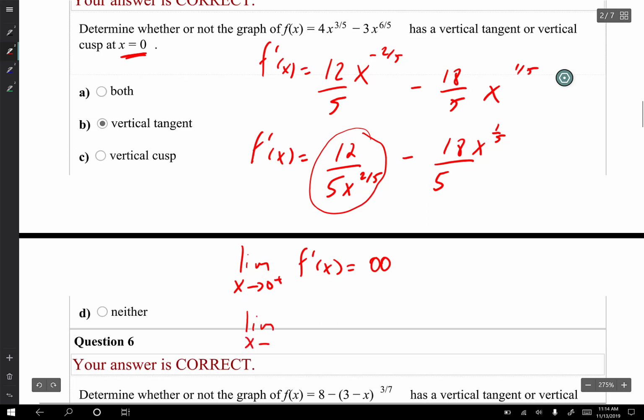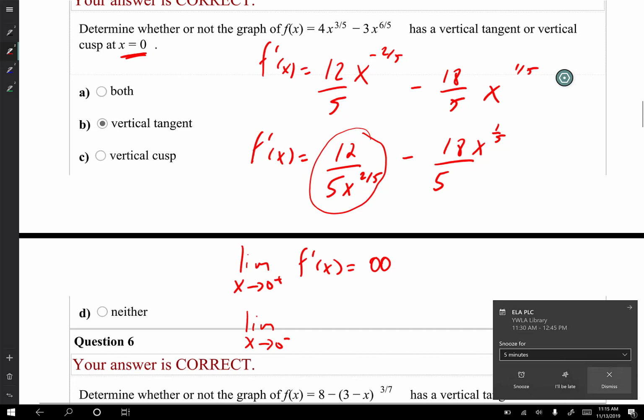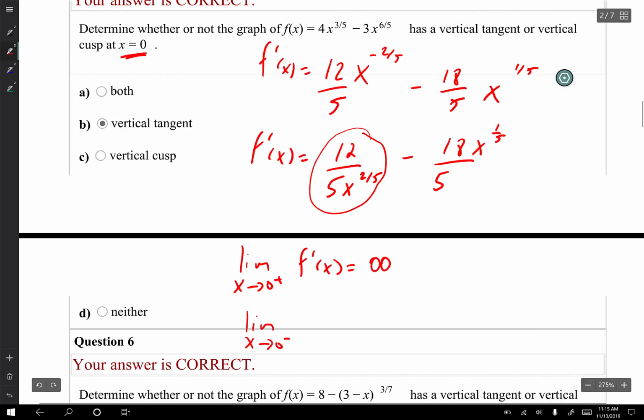If I approach 0 from the left, I'm going to have, again, a huge positive number. So again, I'm going to have positive infinity. Now, I know you're saying, Chavez, how do you know that you're going to have a huge positive number? Recognize that I have to square it first, and then I take the 5th root.